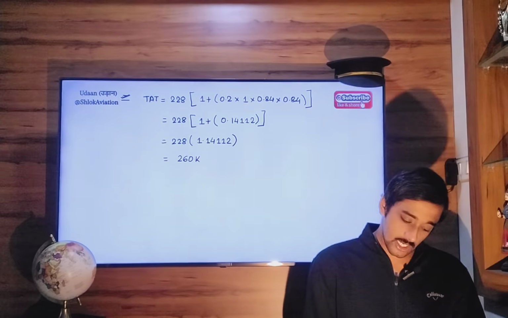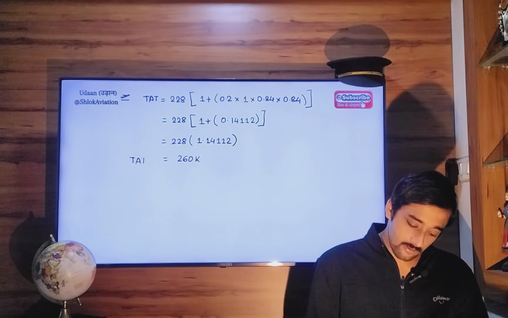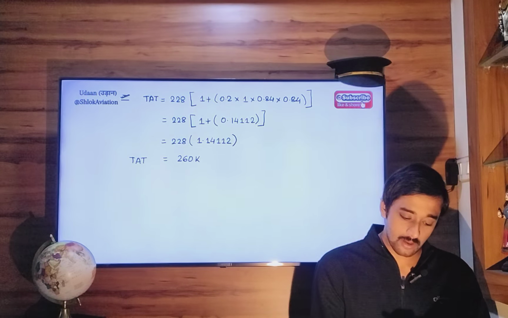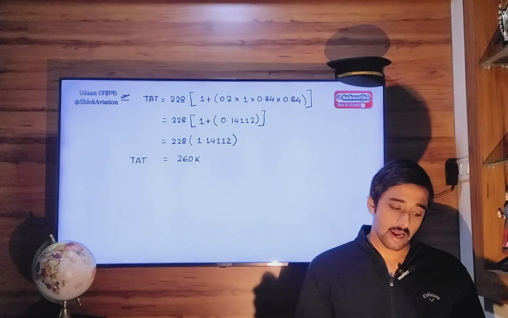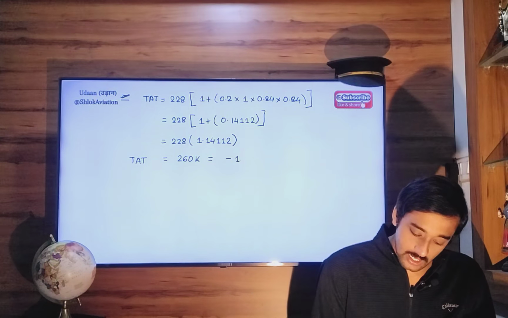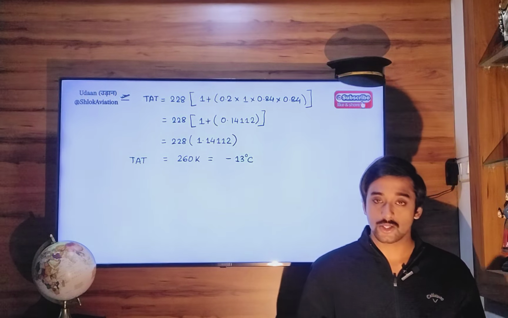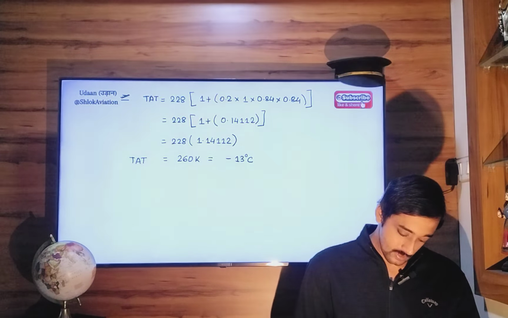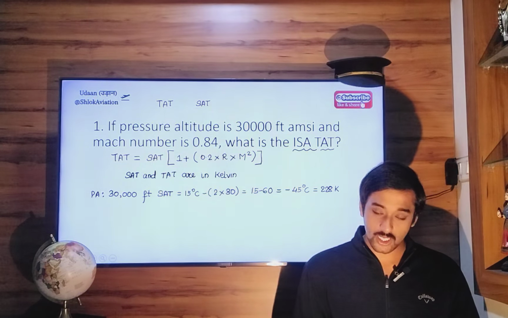So total air temperature equals 260 Kelvin, or in terms of degrees Celsius, it will be equal to 260 minus 273, approximately minus 13 degrees Celsius. So you are going to select this option or any option which is closest to this. Fine. So this is the answer to question number 1.